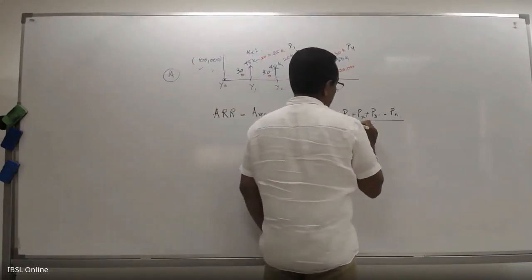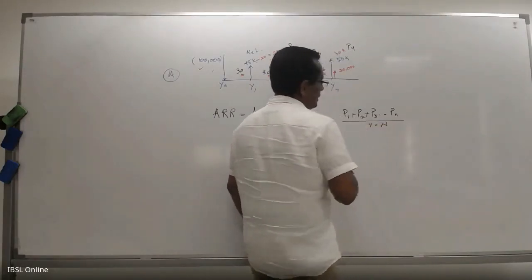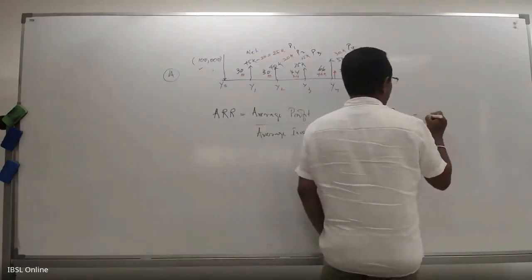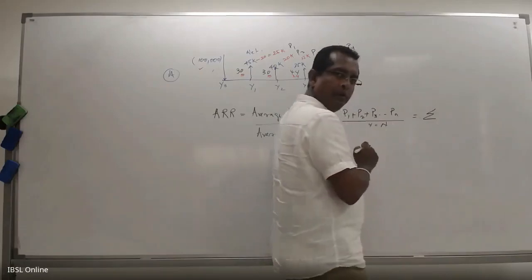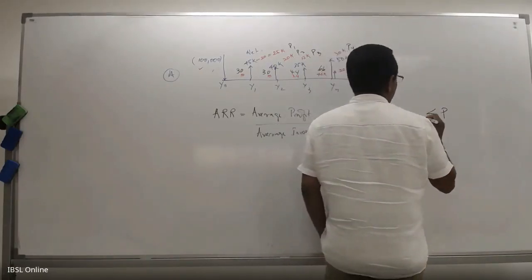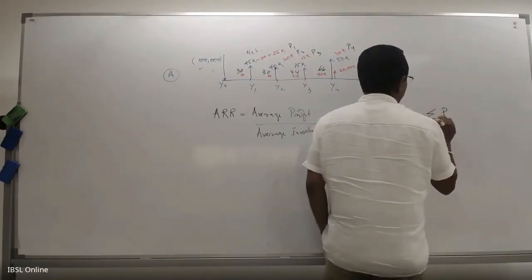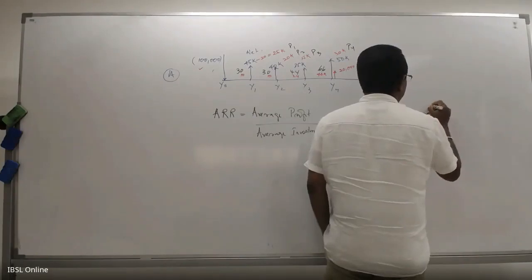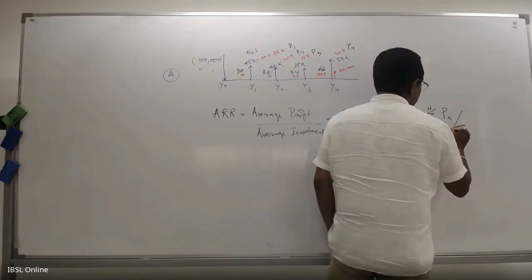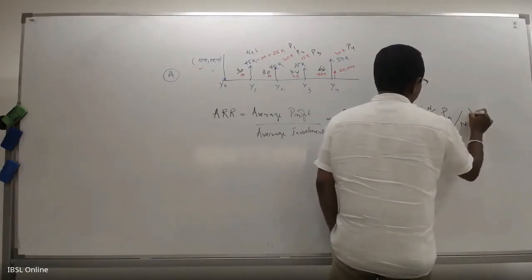It is 4 years, so it can be denoted as N. Right? So it is the sum of profit n from n equals 1 to capital N, divided by capital N. This is average profit.